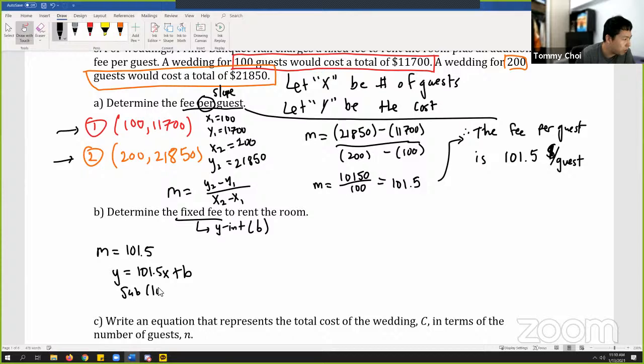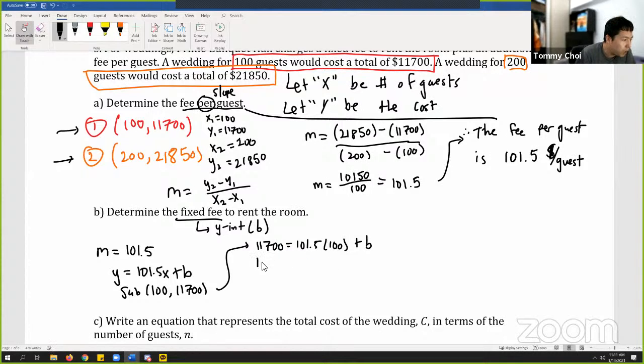We'll use the smaller one, 100, 11,700. That gives us 11,700 is equal to 101.5 times x, where x is 100, plus b.